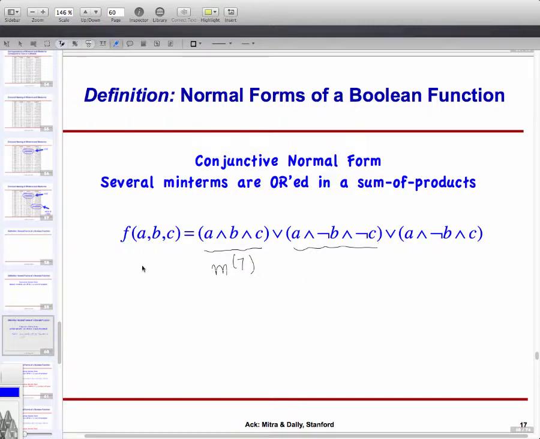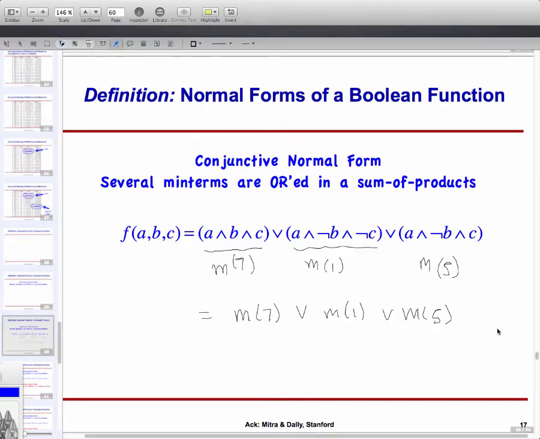So it's actually m of 1, because we write C as the most significant one and A as the least. What about this guy? M of 5. So we can basically say that this function is m of 7 or m of 1 or m of 5.